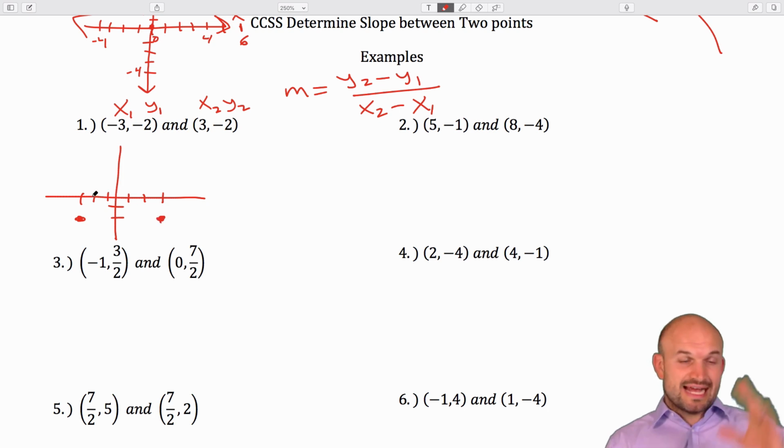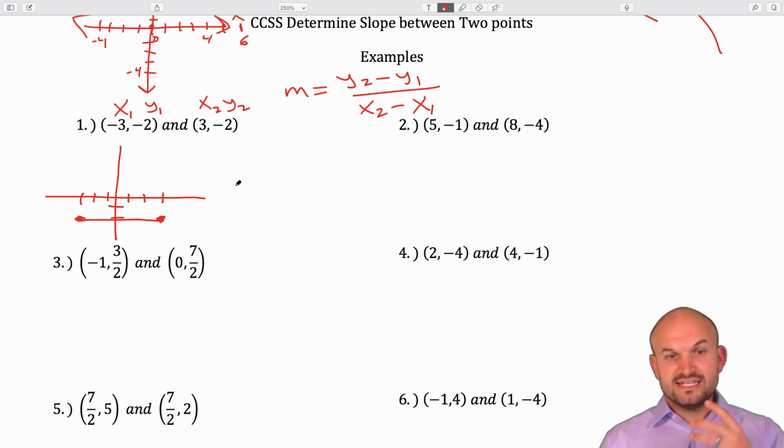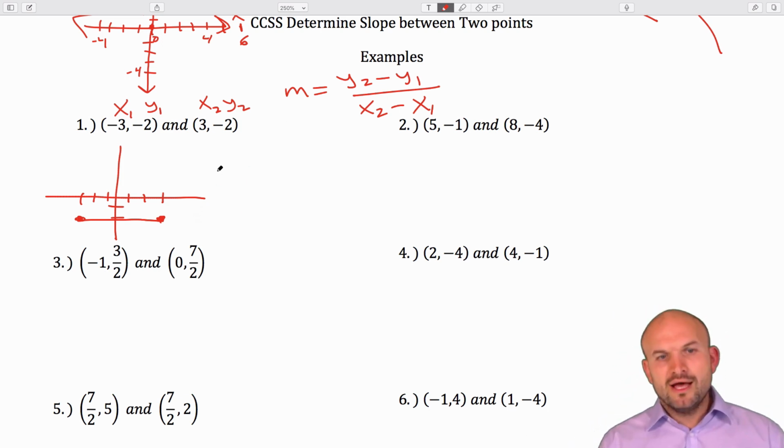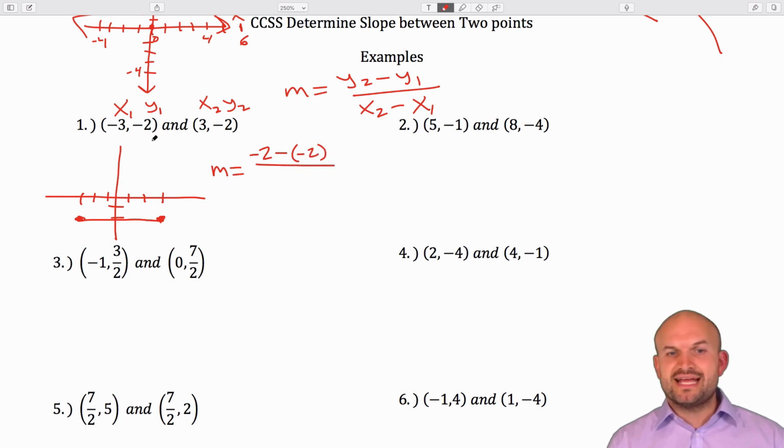Okay, so you can see as I move from x1, y1 to x2, y2, my points do not go up at all. So therefore, the change in the height is going to be 0. Therefore, the slope is going to be 0. But to make sure we confirm this, let's go ahead and put them into the slope formula. -2 minus -2. Notice how I put that second -2 in the formula.